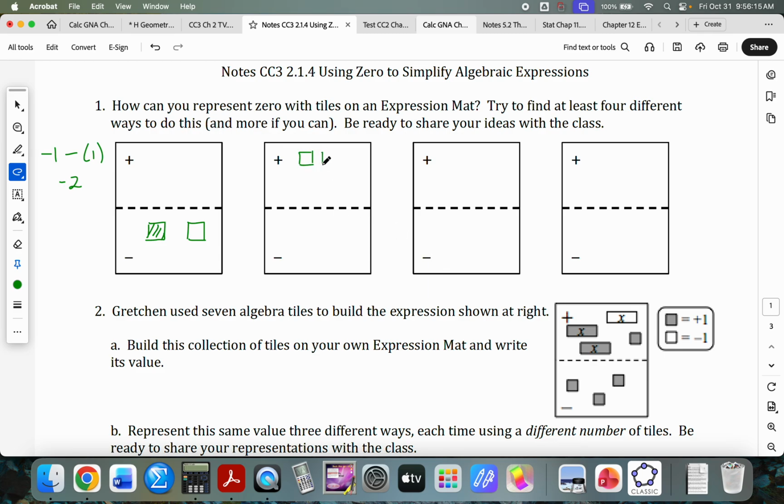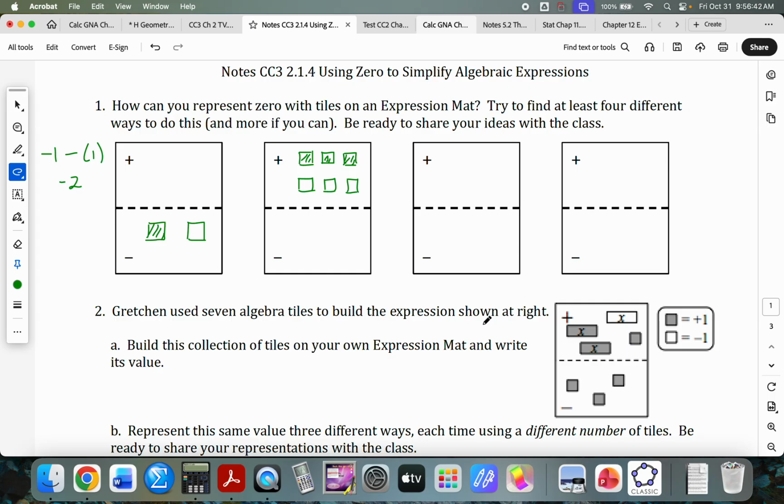So you're talking about these little unit tiles, right? What if you had 3 positives and then 3 negatives? That absolutely works.